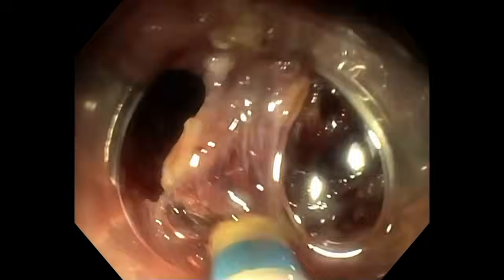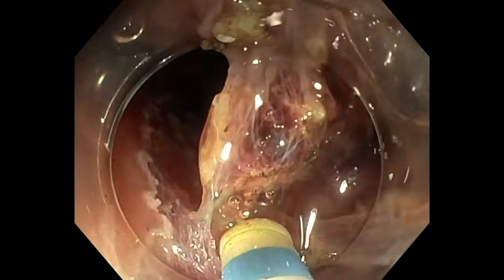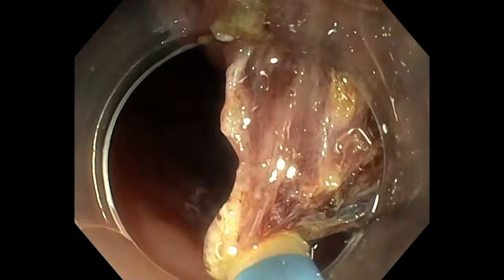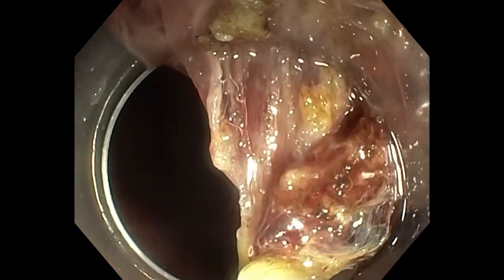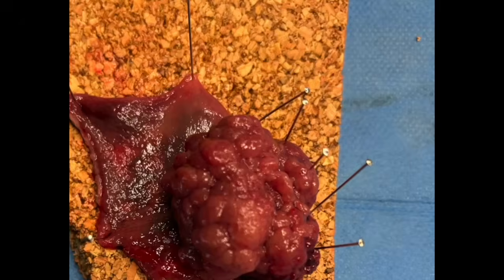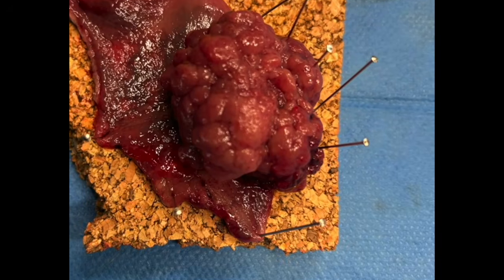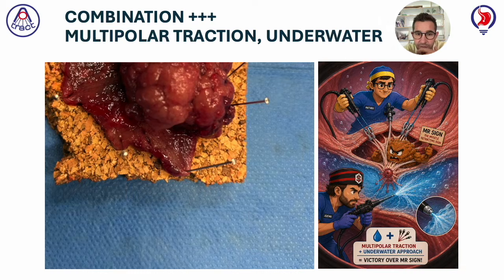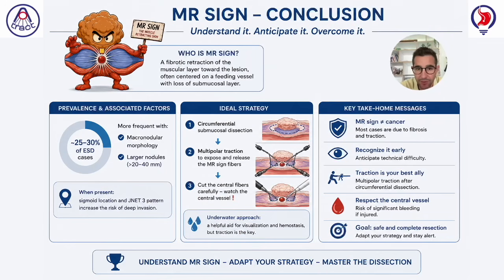And once it's done, when you pass the muscle retracting sign, the weight of the lesion is attracting a relatively soft submucosa, so usually you see very clearly the area and the submucosa when you reach this muscle retracting sign and pass it. So this is the last example.